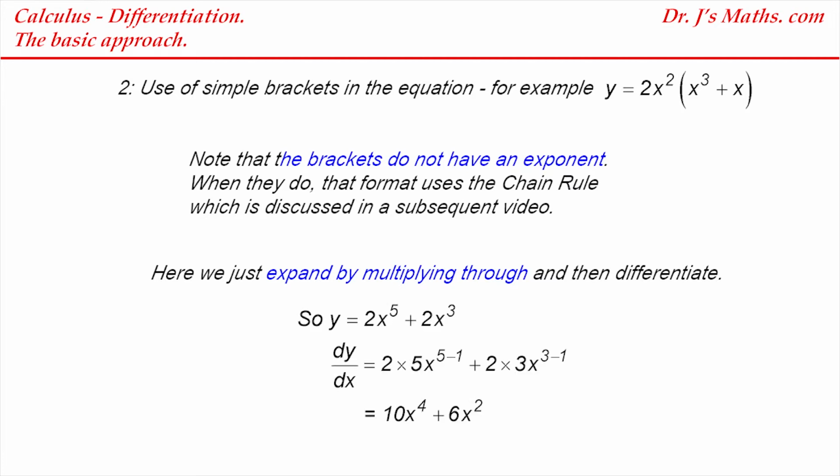So expanding, we have 2x squared times x cubed, which is 2x to the fifth, plus 2x squared times x, which is 2x cubed.